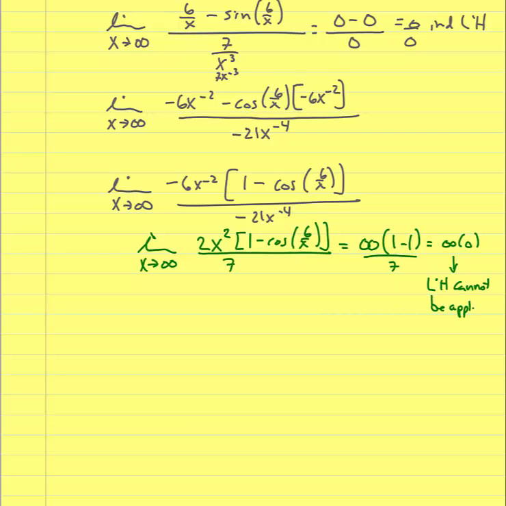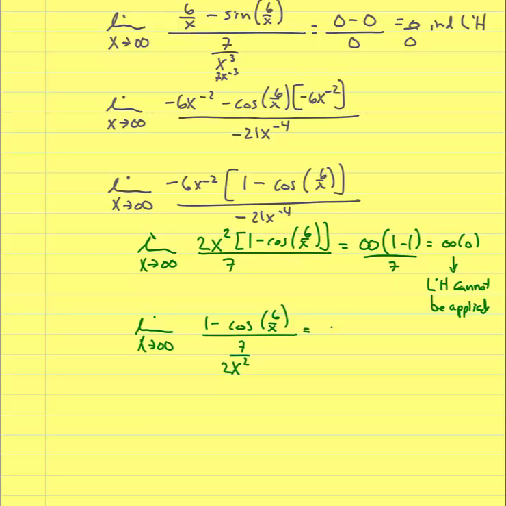I'd have to rewrite this somehow again. So I could go back through and say, well, let's use the old trick I had. And I'm going to rewrite this as 1 minus cosine of 6 over x divided by 7 over 2x squared, and take my limit. As this goes to infinity, my 6 over x goes to 0.